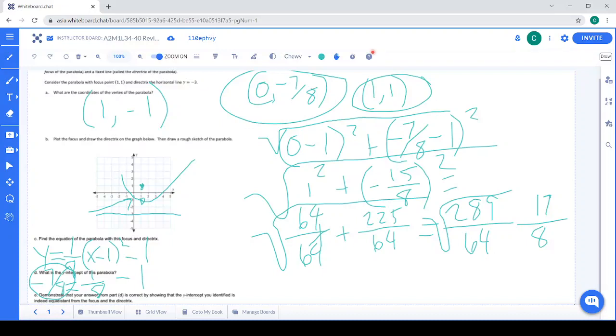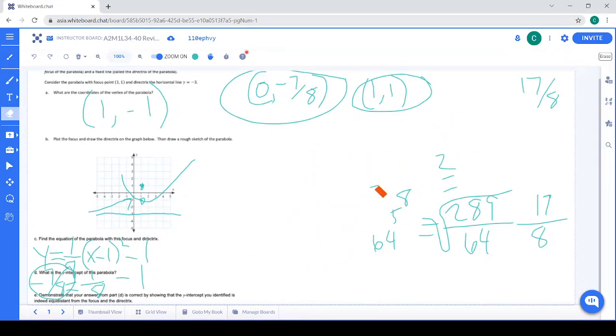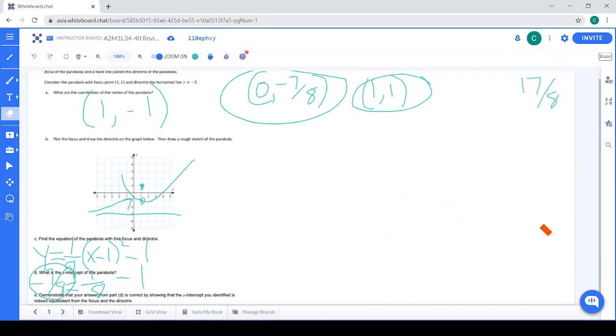Okay, now we're going to have to see what is the distance between the directrix and the y-intercept. Okay, so I'm going to rewrite this up here. That is from the focus to the directrix. So now let's come down here. Erase all of this, and start over.